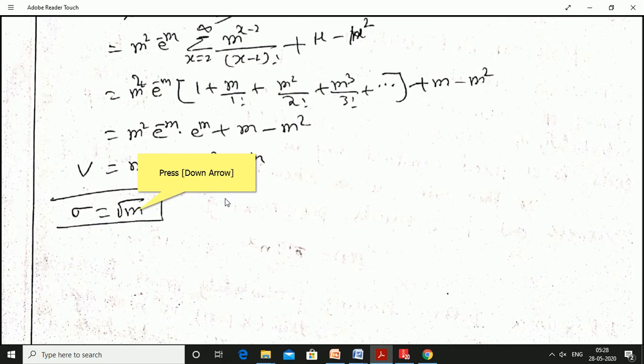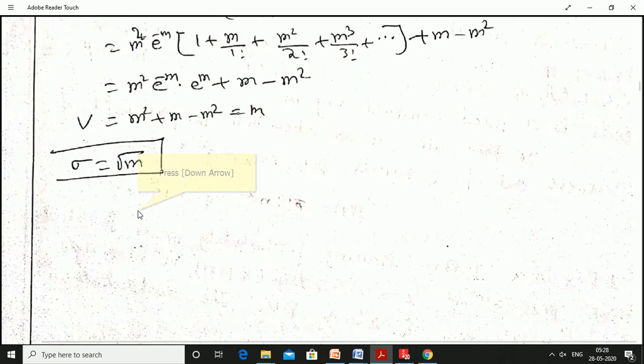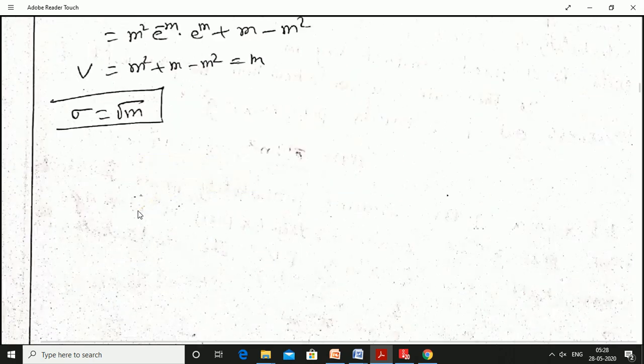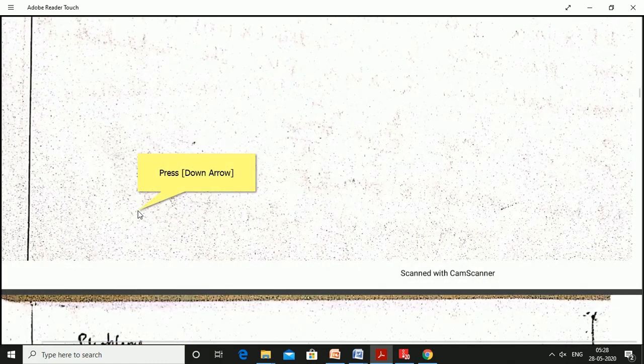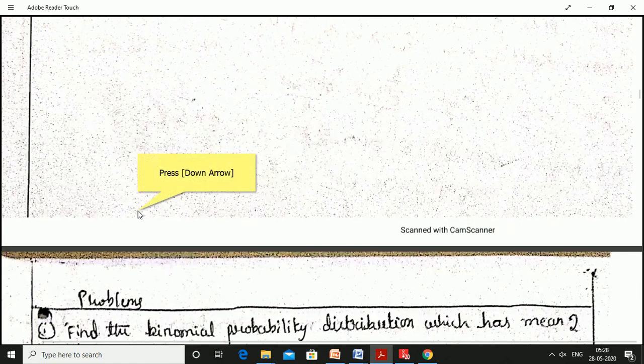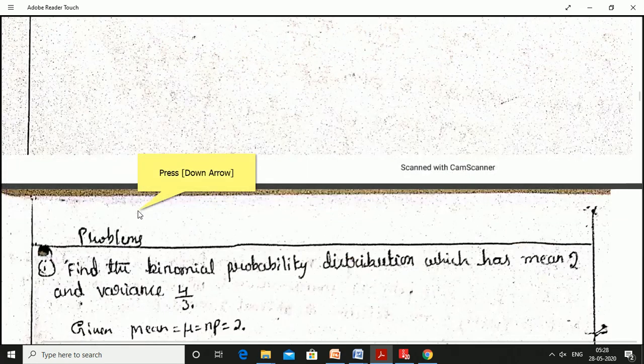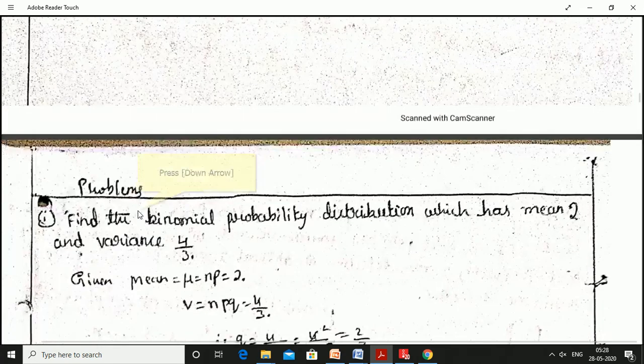Now we'll see what types of problems they're asking on these two distributions.